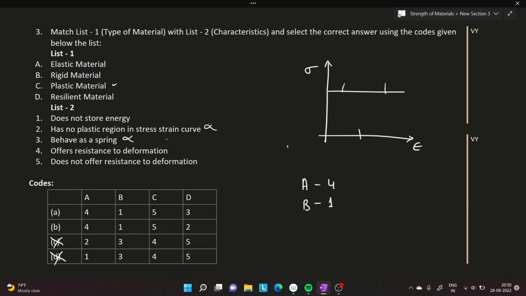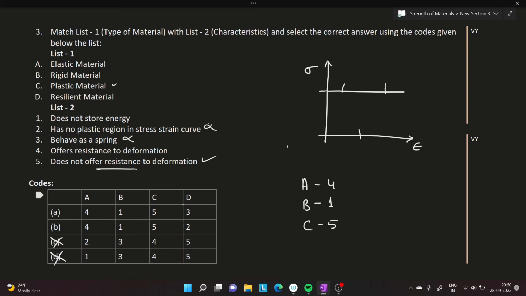No, it doesn't, because it will permanently deform. Offers resistance to deformation. This has already been used. Does not offer resistance to deformation. Exactly, right? Even without any change in the stress, the strain continuously increases, meaning that it doesn't offer any resistance to the deformation. We are going to have C as 5.